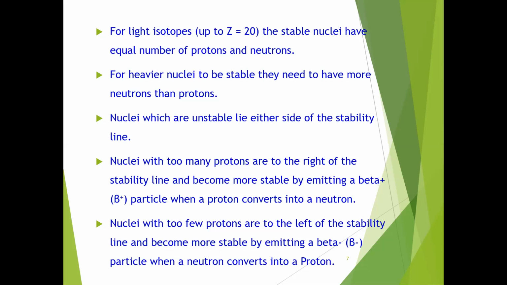And nuclei with too few protons are to the left of the stability line and become more stable by emitting a beta minus particle when a neutron converts into a proton. So this is about the NZ curve. This gives some important features about the NZ curve.